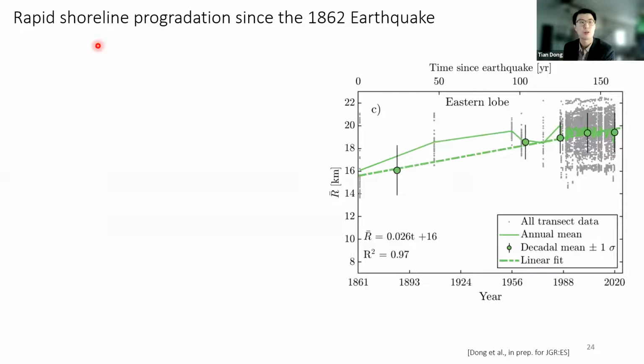Here I'm showing shoreline progression since that earthquake. On this graph, on the y-axis I have the radius of the delta, and on the x-axis I'm plotting year. This eastern lobe is the region of the delta that experienced that subsidence. This part of the delta has been prograding at a long-term average rate of 26 meters per year over the last 150 years.